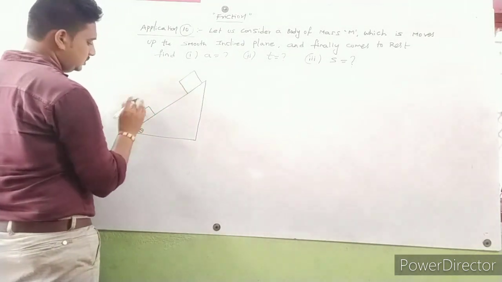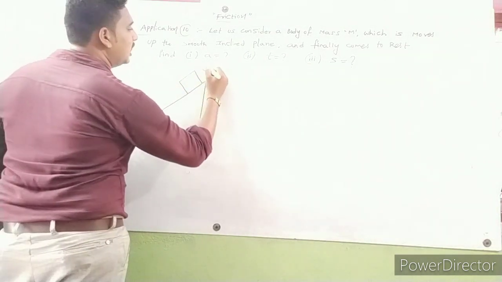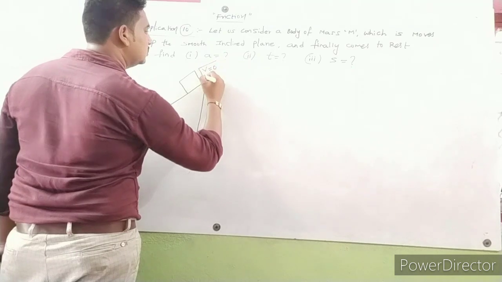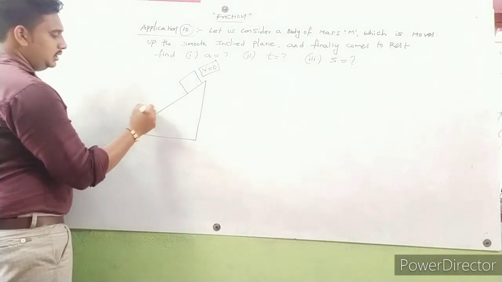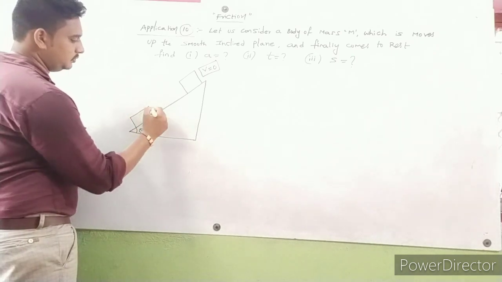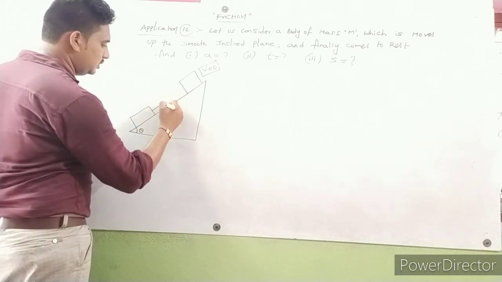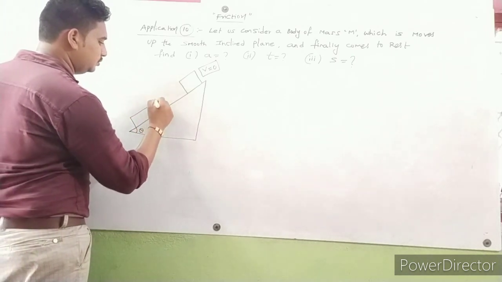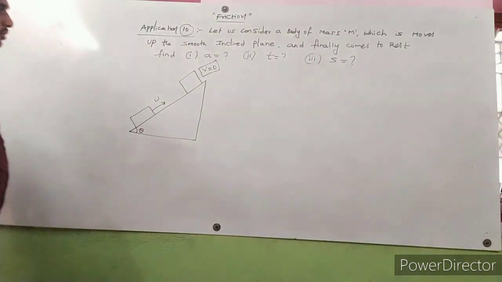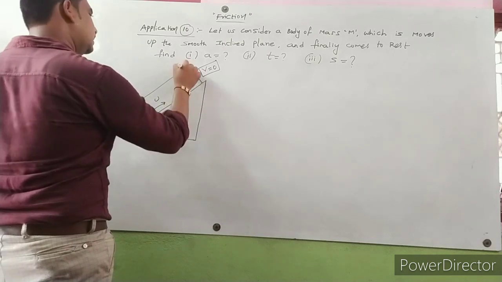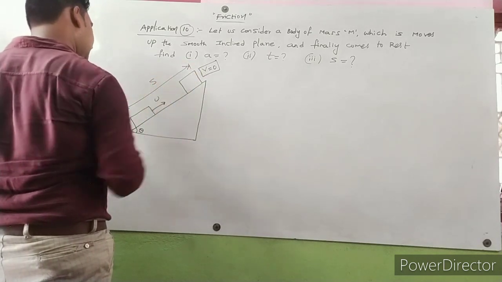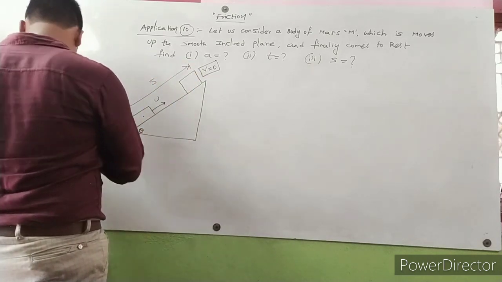So here final velocity is equal to 0. Here initial velocity is u for this one. Initial velocity is equal to u.